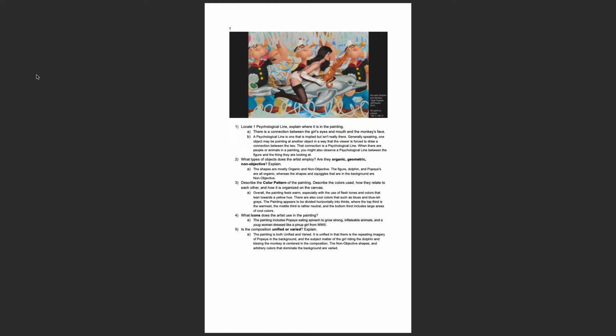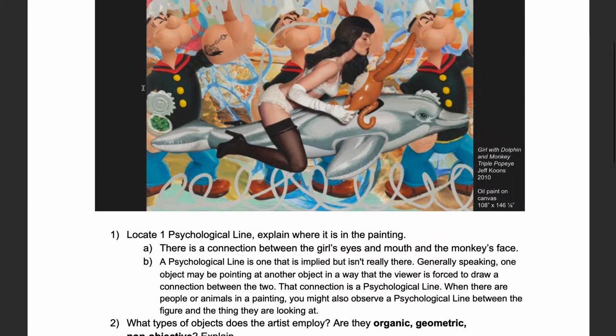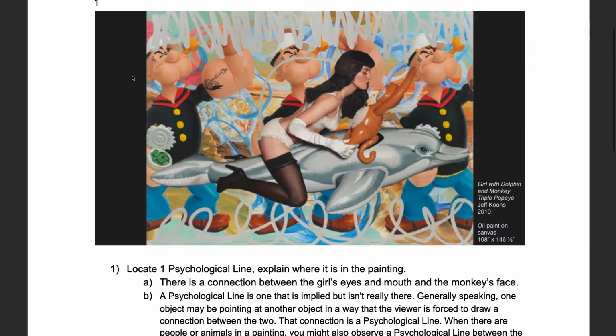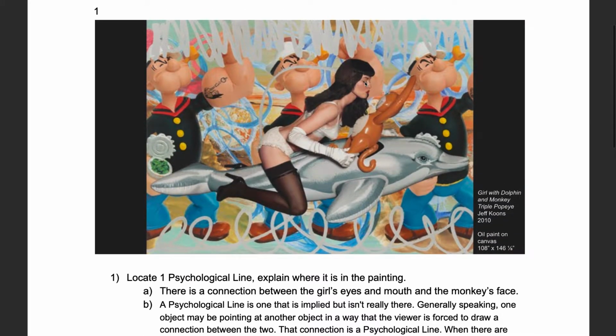So, I asked you to locate one psychological line and explain where it is in the painting. In this painting by Jeff Koons, I discussed in the answer here a psychological line between the woman's face and the inflatable monkey.